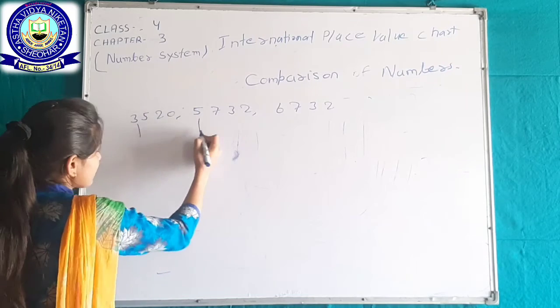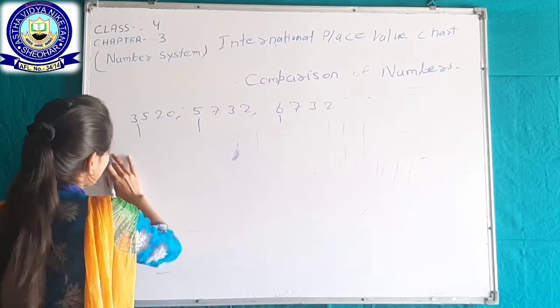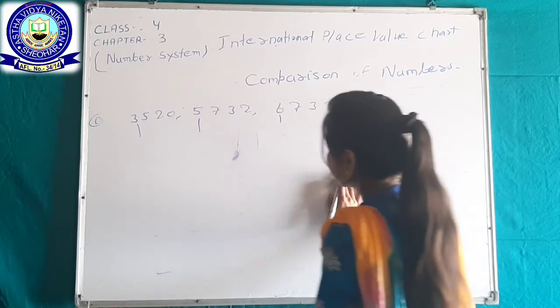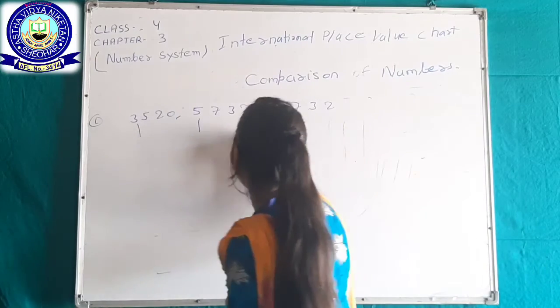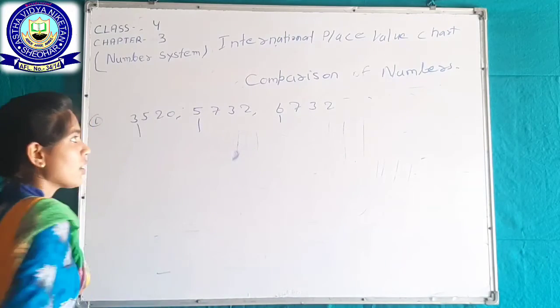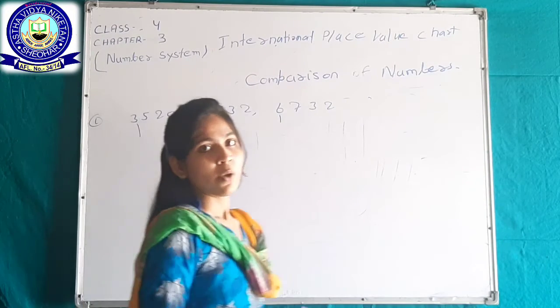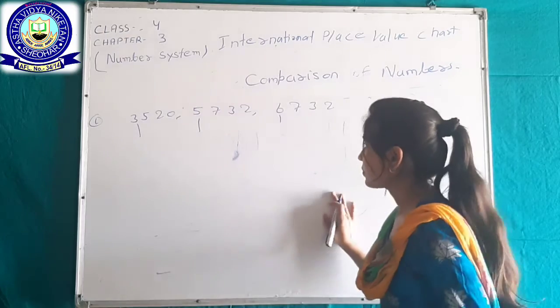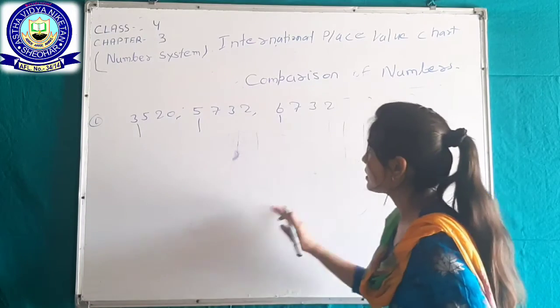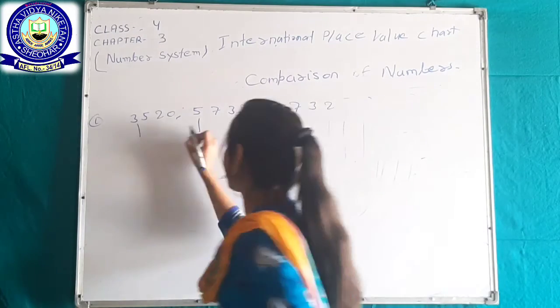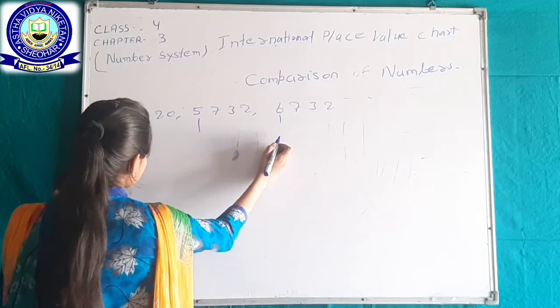First of all you have to compare all numbers in this series. Here is 3 and here is 5 and here is 6. In ascending order, first of all we have to write the smallest number of the given series. Here is 3, here is 5 and here is 6.